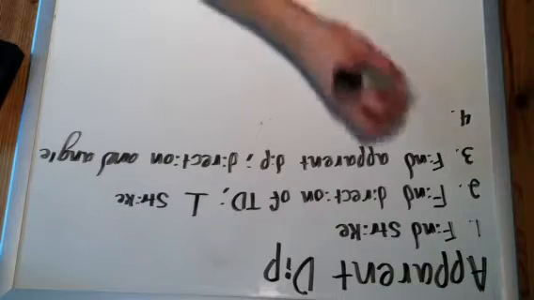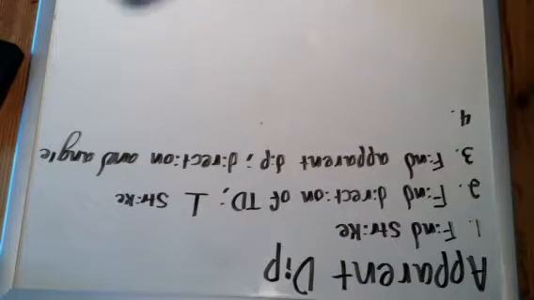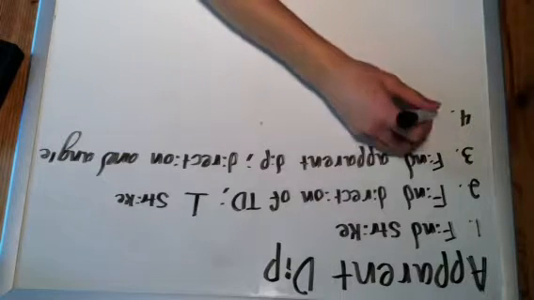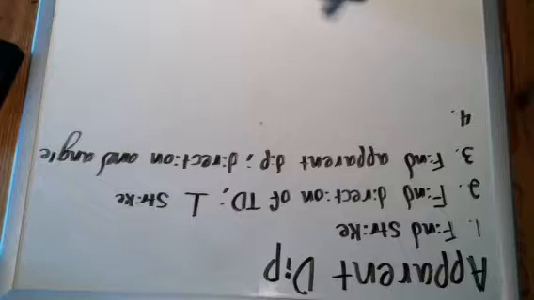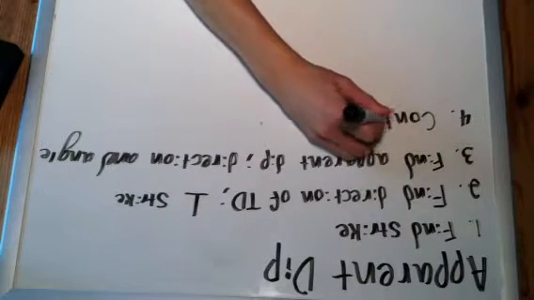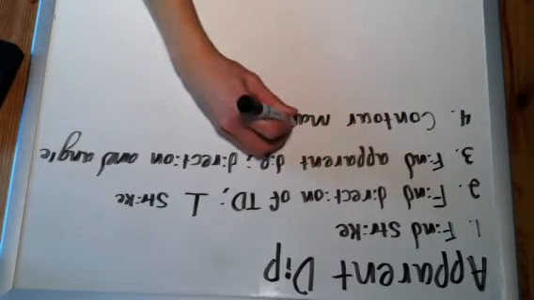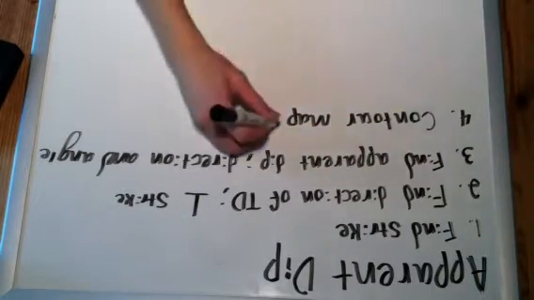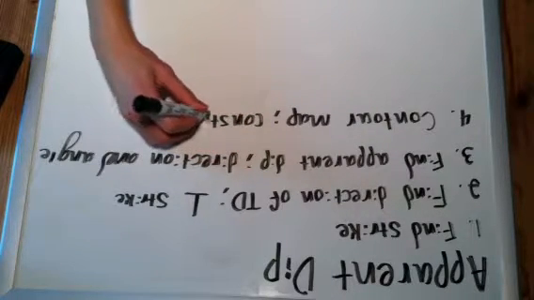And then fourth, either construct or use a previously existing profile of the area you're looking at, which means you're going to be using a contour map. Construct or use.